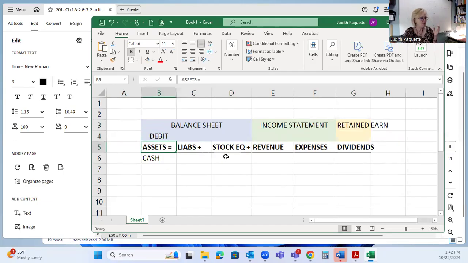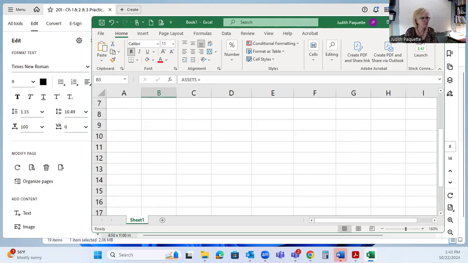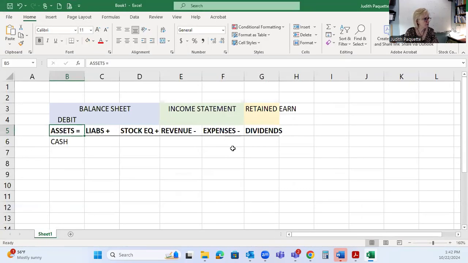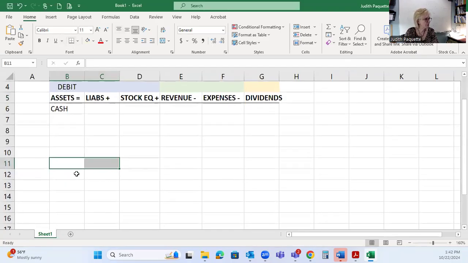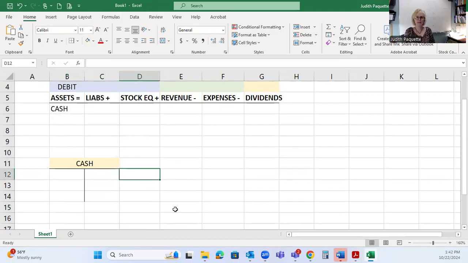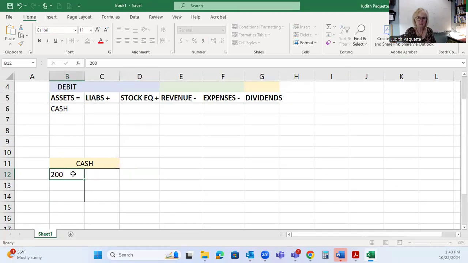Okay. And we use that when we make a T account for cash. If I said debit cash $200, you would put it on the debit side, the left side.